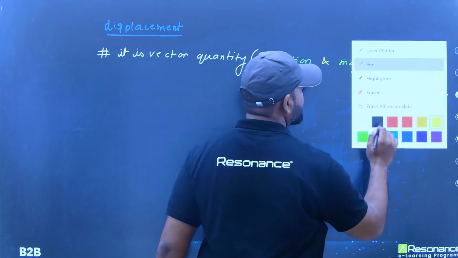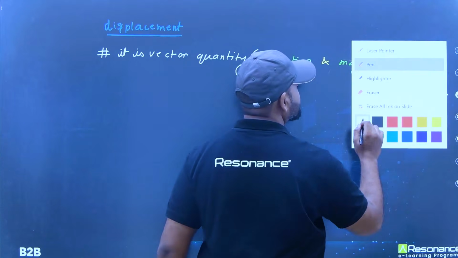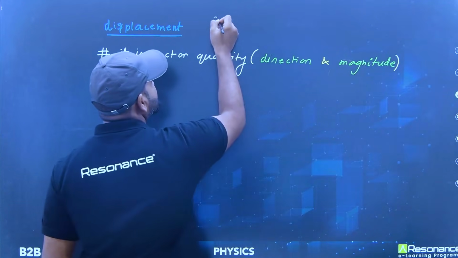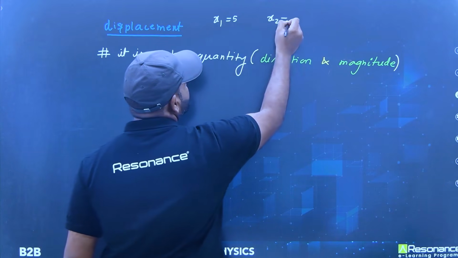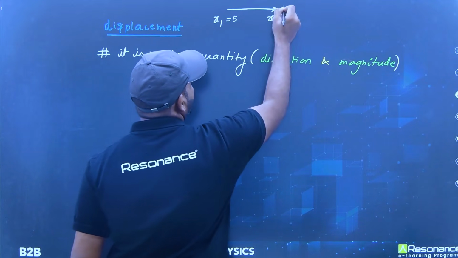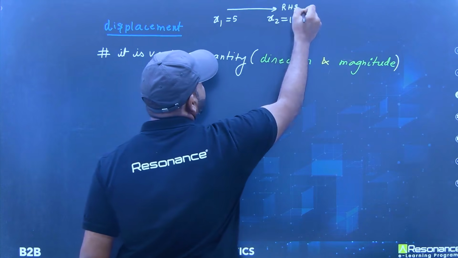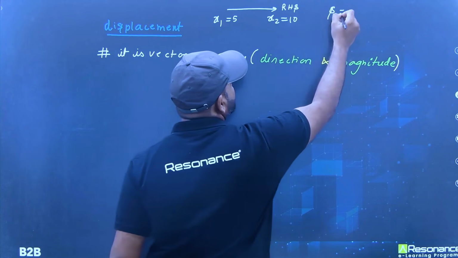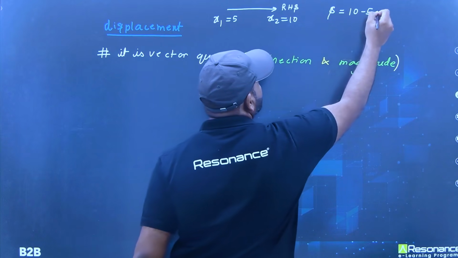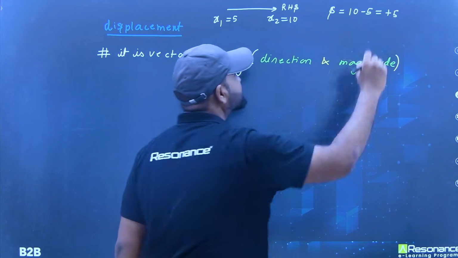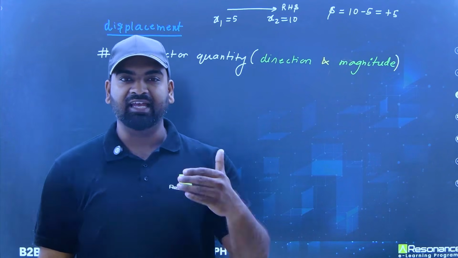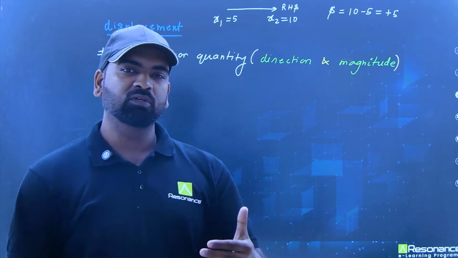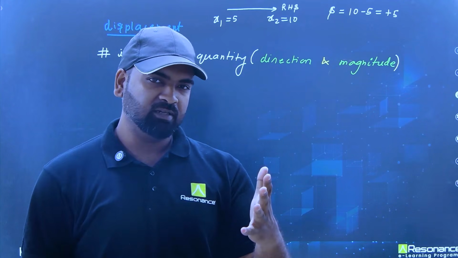And how do I know it has these things? Because if you remember in the previous question, the person was going from x1 5 to x2 10, right hand side, and we got displacement equals to 10 minus 5 as plus 5. If the person was going, let's say, left hand side, LHS, you would not be getting plus 5.